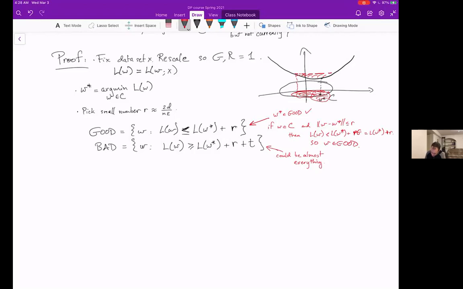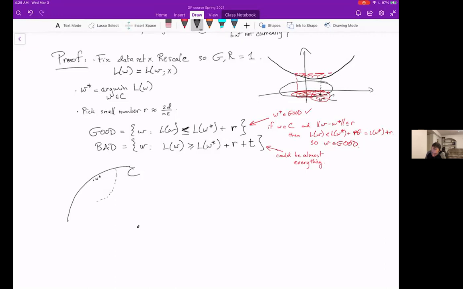I don't know exactly what my set C looks like. Well, I know the set C is a ball, rather. But I don't know exactly where W star is in C. In some sense, the worst case is when W star is right on the boundary.